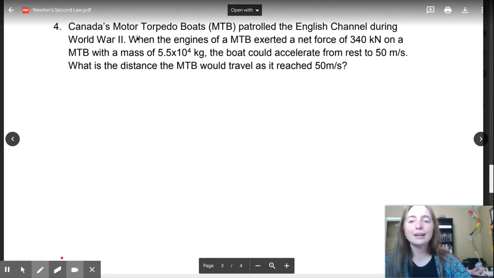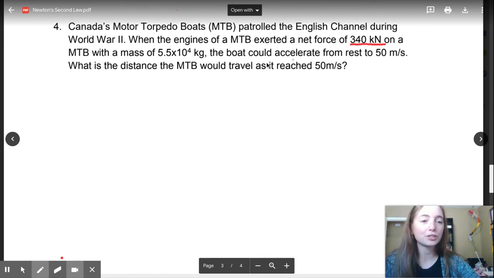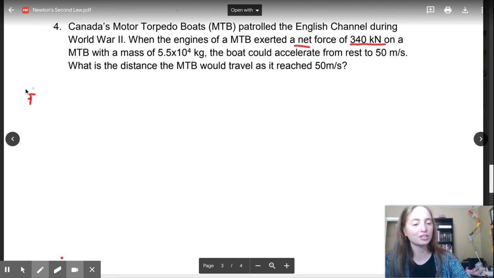So Canada's motor torpedo boats patrolled the English Channel during World War II. World War II history is pretty cool. They got some pretty neat machines from that era. So when the engines of the MTB exerted a force, we got a force, and it's a net force, not just any force. F net is 340.